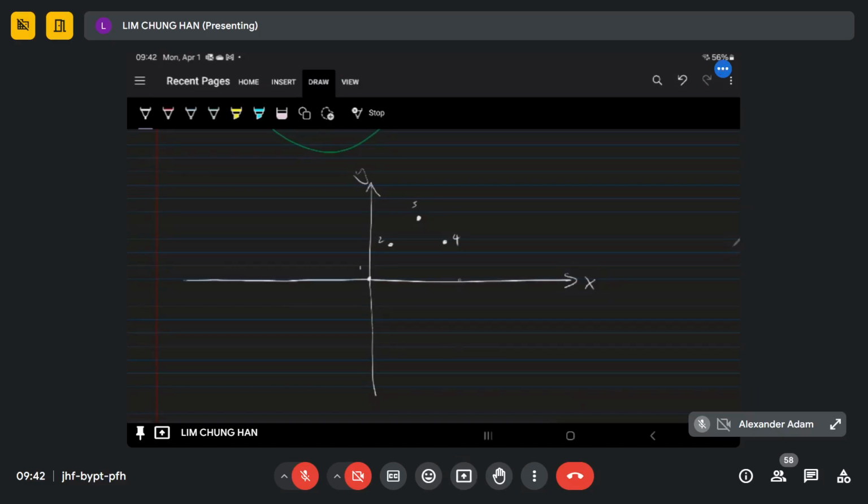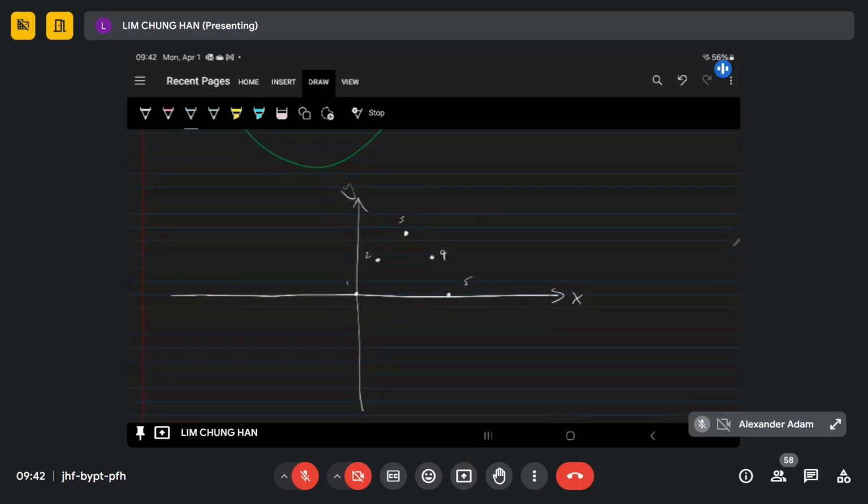And then the fifth point, when it's pi over 2, it's somewhere there. Okay, so it's like that. Okay, but this is 0 to pi over 2 only.